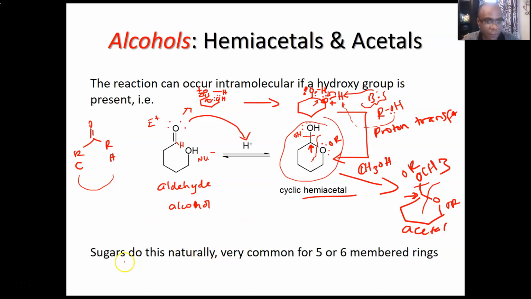Okay, so sugars like sucrose, fructose, maltose, they do this naturally. Very common for 5-membered rings and 6-membered rings where you make rings.